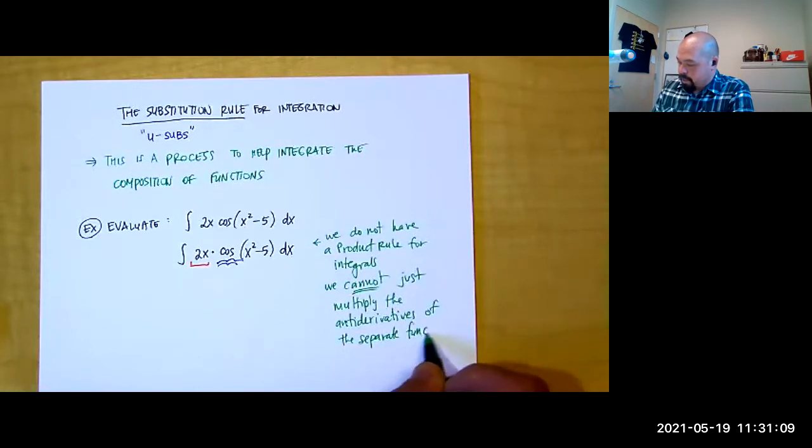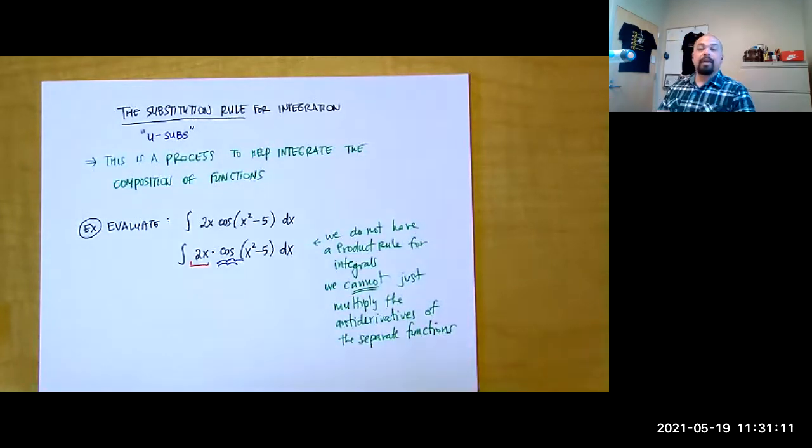We can't just break it apart or separate it. These two have to work together in some way. So when we look at that integral, I'm going to really reinforce that multiplication.